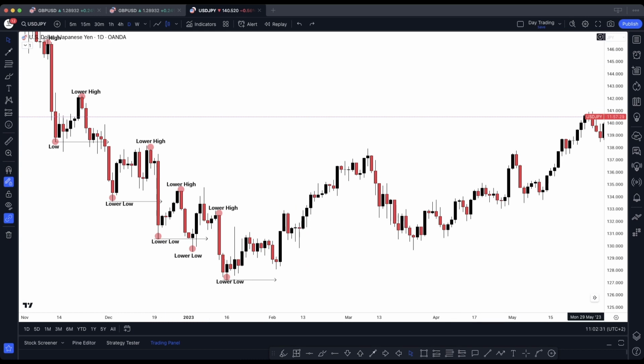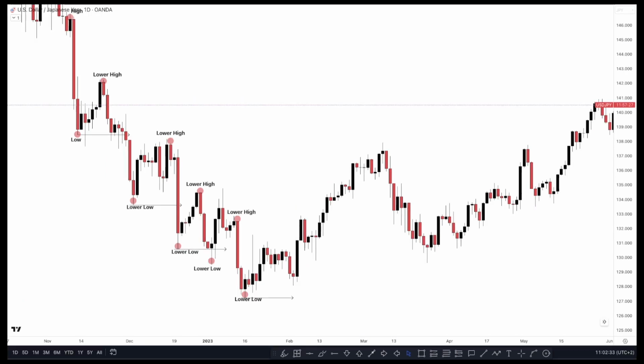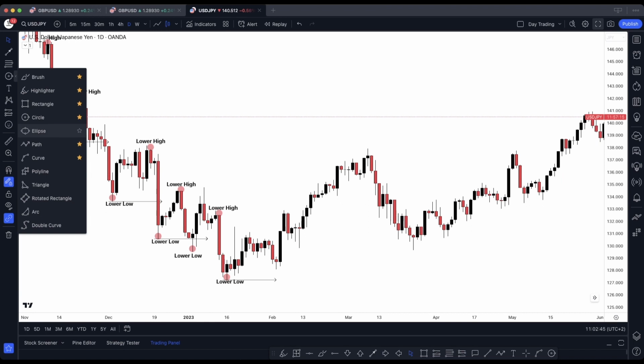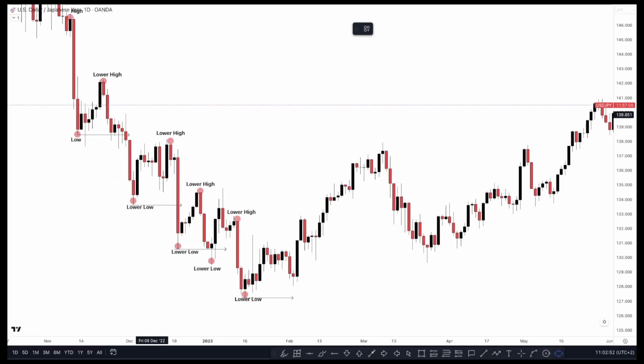As I told you, on a lower time frame there's a minor structure. So these are the movements we are talking about. Let me just use an ellipse. These are the moves I'm going to be referring to.